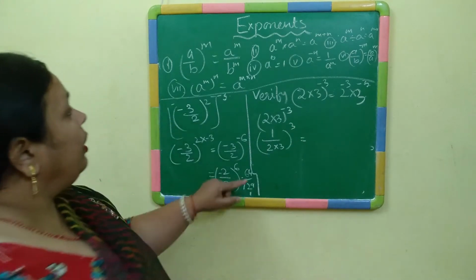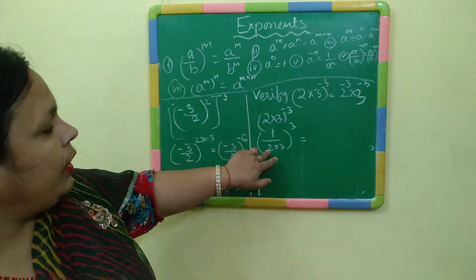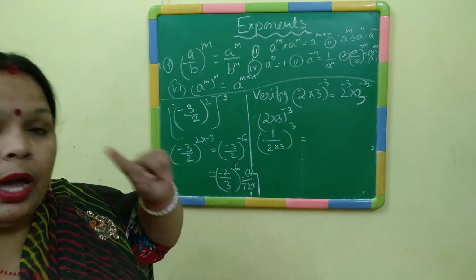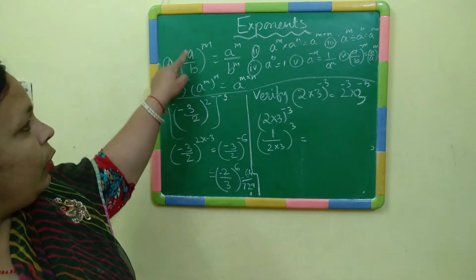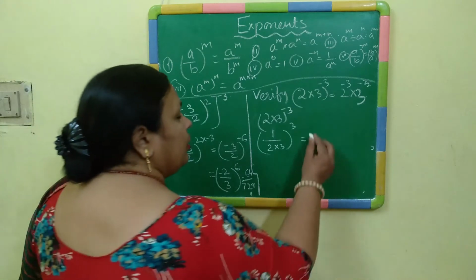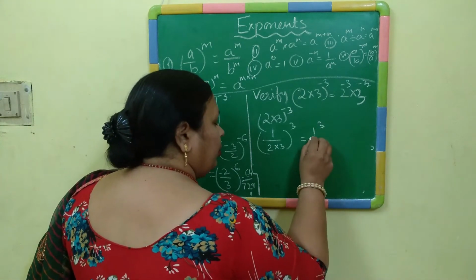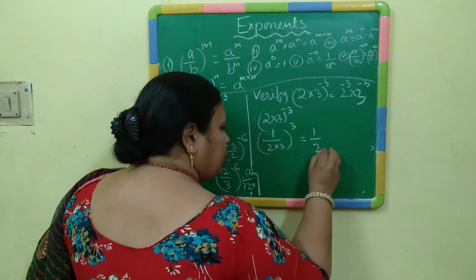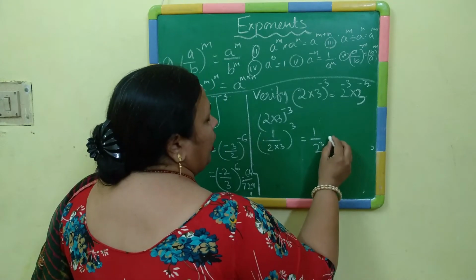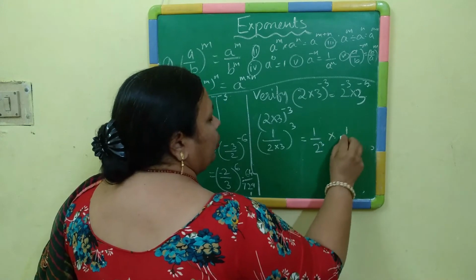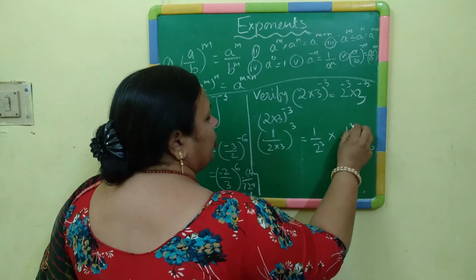Now, treating 2 by 3 as b, we will be allotting the powers to both. That means 1 by 2 cube and into 1 by 3 cube.